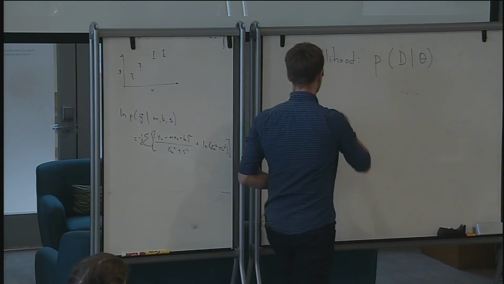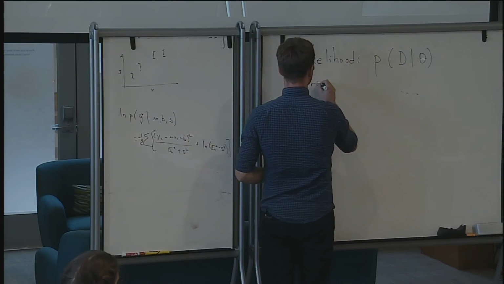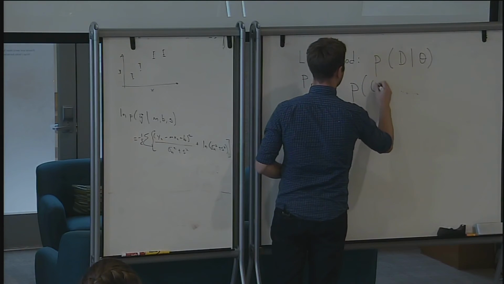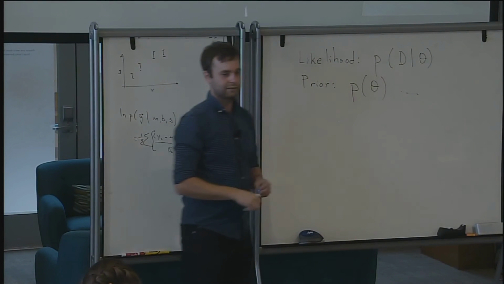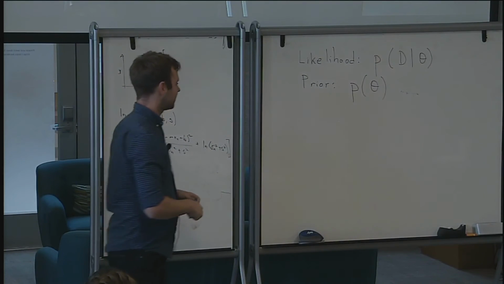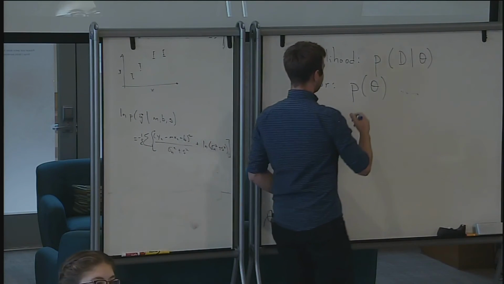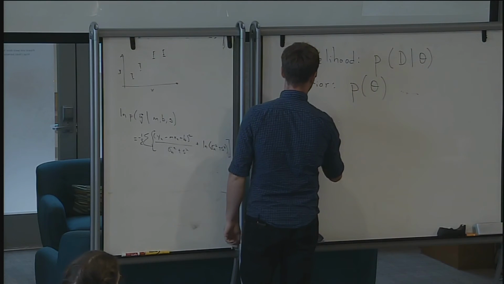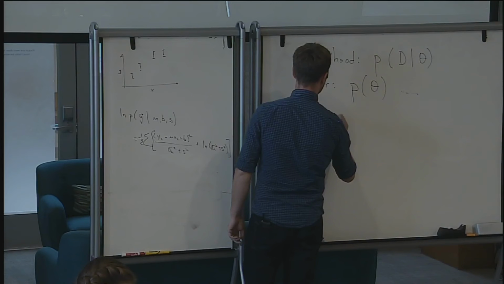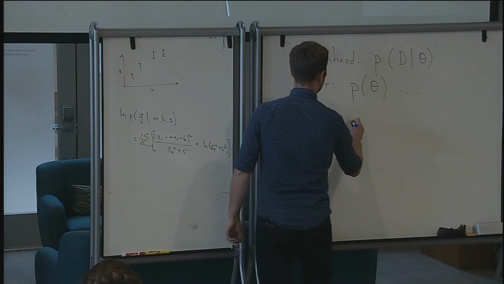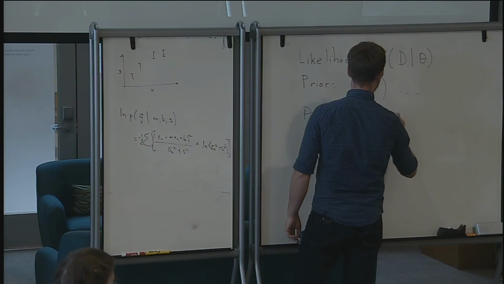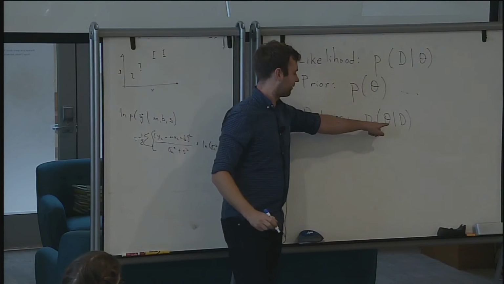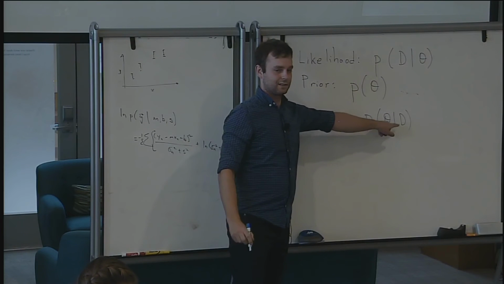And then there's the prior, which is the prior probability of theta without any data. And then these things go together to give you a posterior probability, which is the thing that you probably care about, which is the probability of the model parameters conditioned on the data.